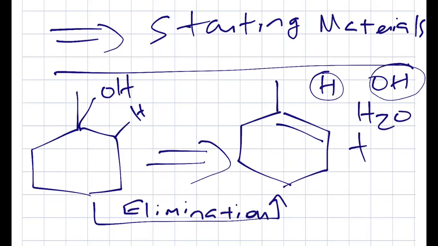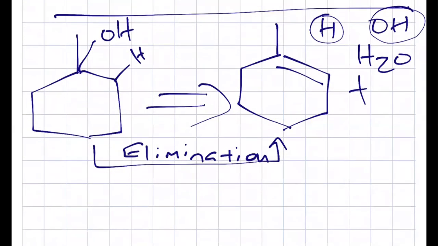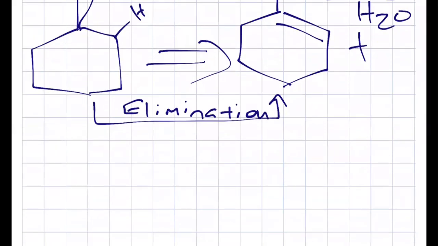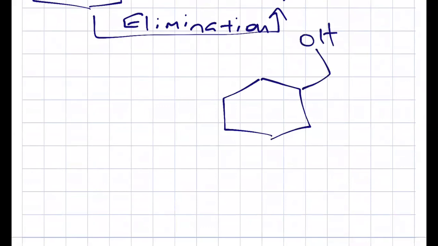So when you do retrosynthesis on Grignard addition products, you're going to start with whatever your product is. Let's say we start with this, like so. There's a hydrogen here, but I didn't have to show that because it's a skeletal form.